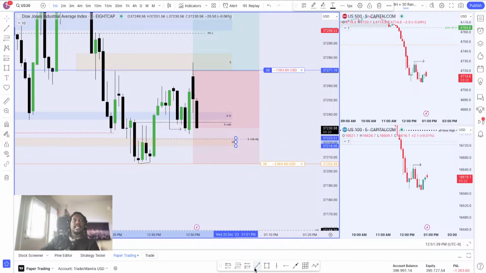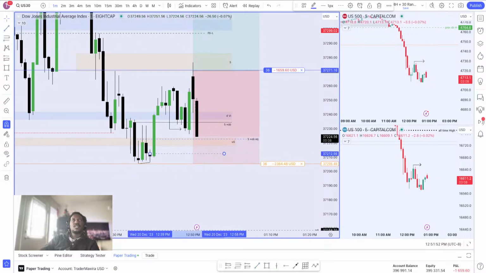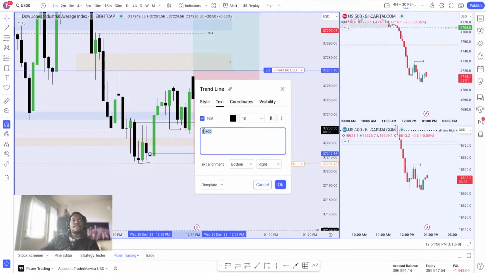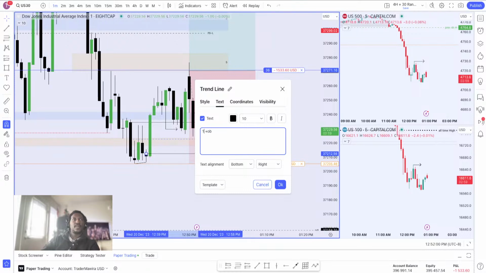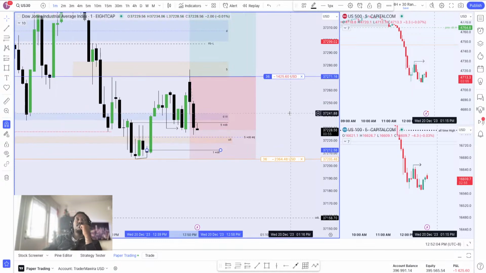But our last line of defense will be this. Actually, let's say this one, but that's too far. That's too late over here. So we can have this one, the open price of this down candle, as our last line of defense. If we close below it, then this is a very low probability setup.